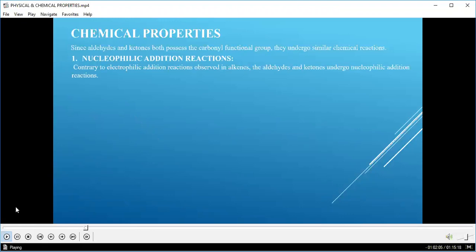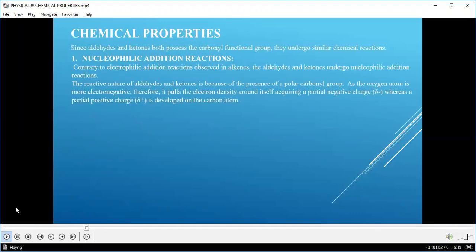This is contrary to the electrophilic addition reactions that we have already observed in alkenes. Here we take the example of alkenes because alkenes also contain a pi bond, similar to aldehydes and ketones. But aldehydes and ketones will undergo nucleophilic addition reaction. The reactive nature of aldehydes and ketones is because of the presence of a polar carbonyl group.